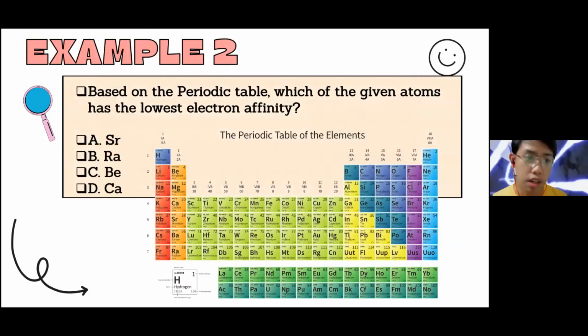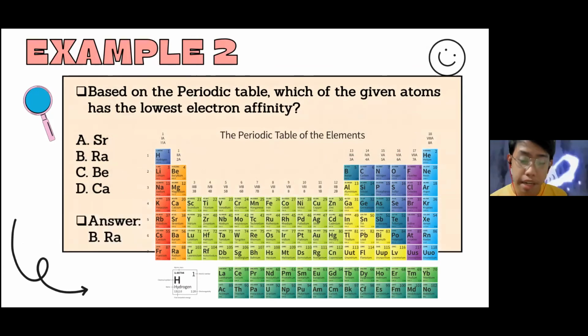So next example, based on the periodic table below, which of the given atoms or elements has the lowest electron affinity? The choices are A, strontium; B, radium; C, beryllium; D, calcium. So the answer would be B, radium.